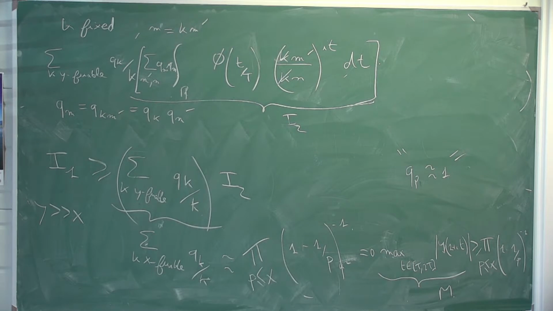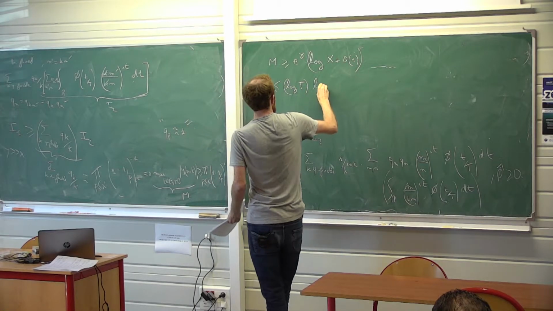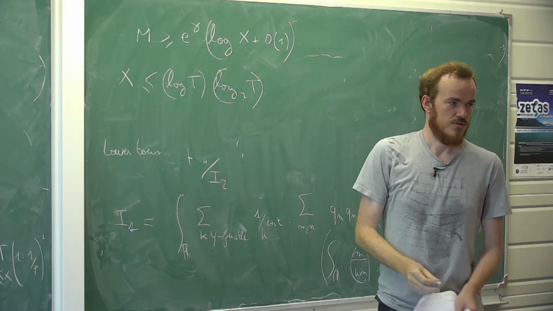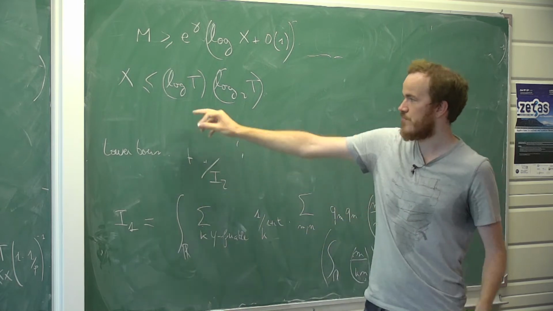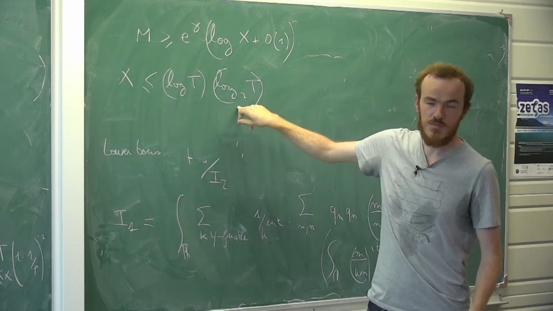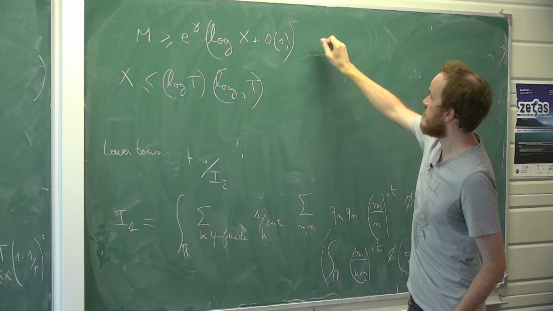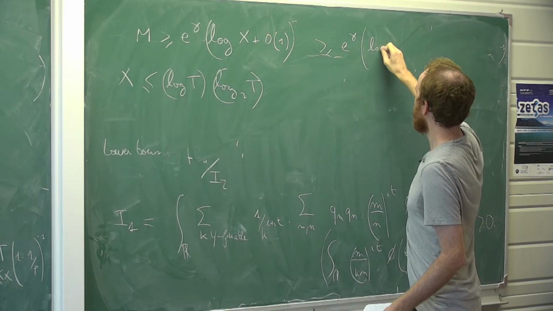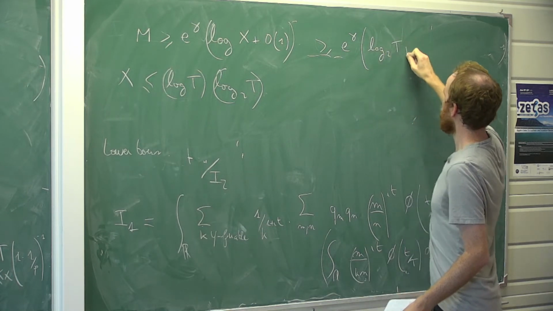You can show that the analytic restriction forces you with this method to take x less than log t. So you fix the first log t primes, and if you make this choice, it gives you exactly this log 2t plus log 3t.